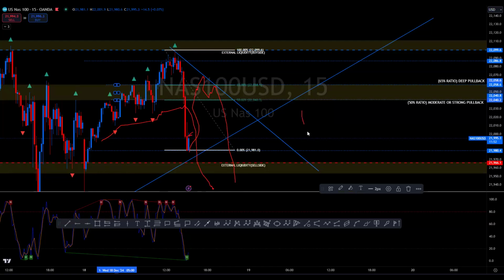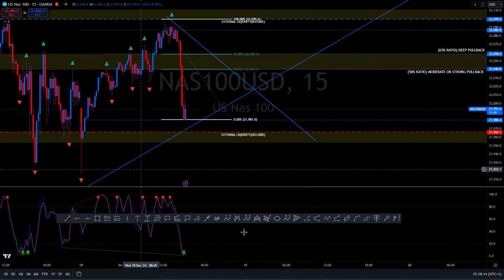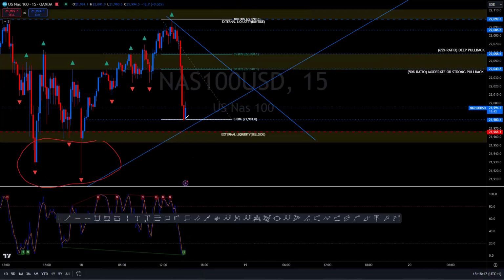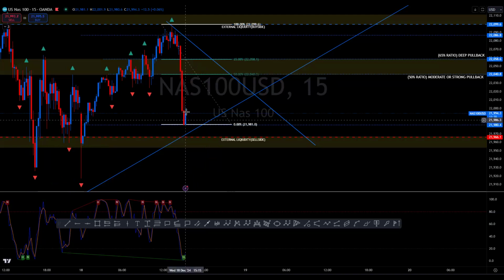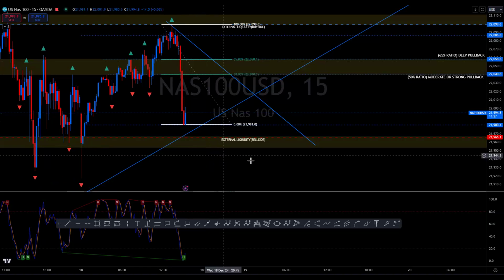That's a possibility. Because there's a lot of liquidity here and they haven't done their liquidity grab yet. So they may want to get this area first before pushing it back up. Or they might want to push it back up to here and then come down and get all this here. So this presents a counter trend buy or retest sell opportunity.